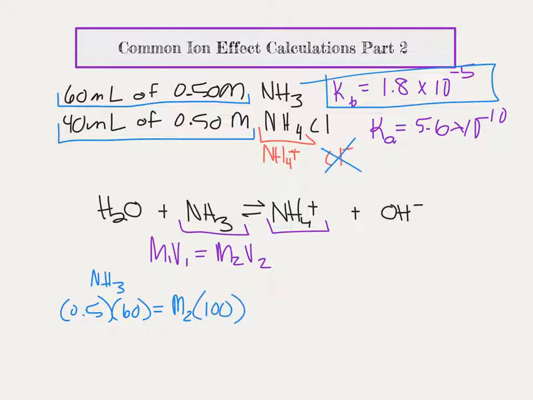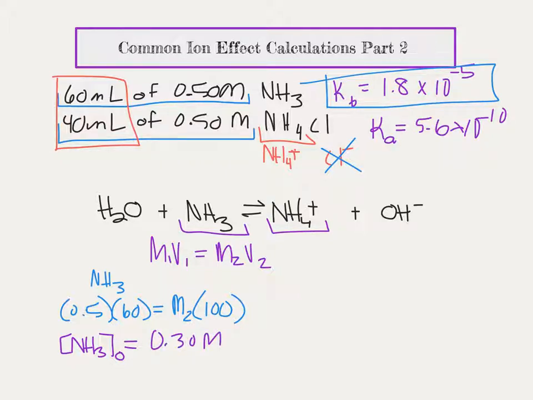If you're curious where I got that, that's the 60 milliliters plus the 40 milliliters. Then I'll have a new starting concentration of ammonia that is 0.30 molarity.